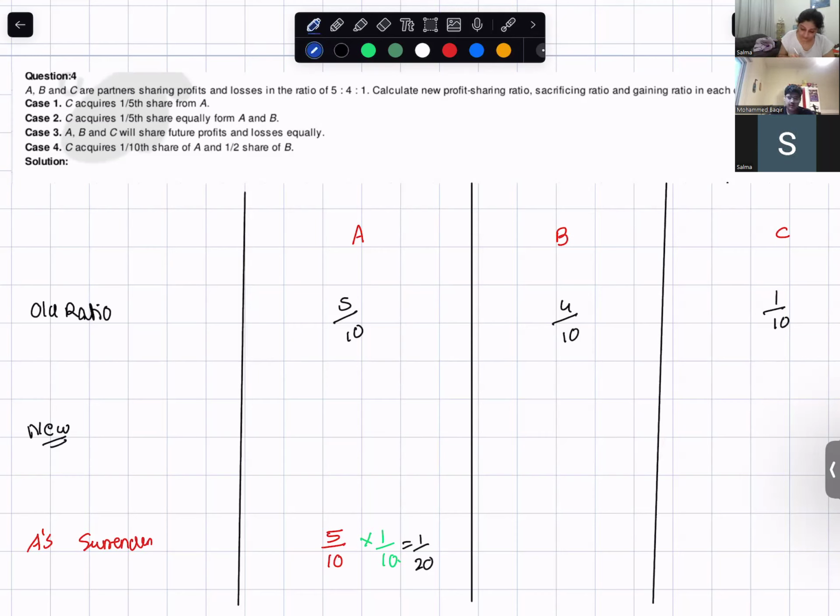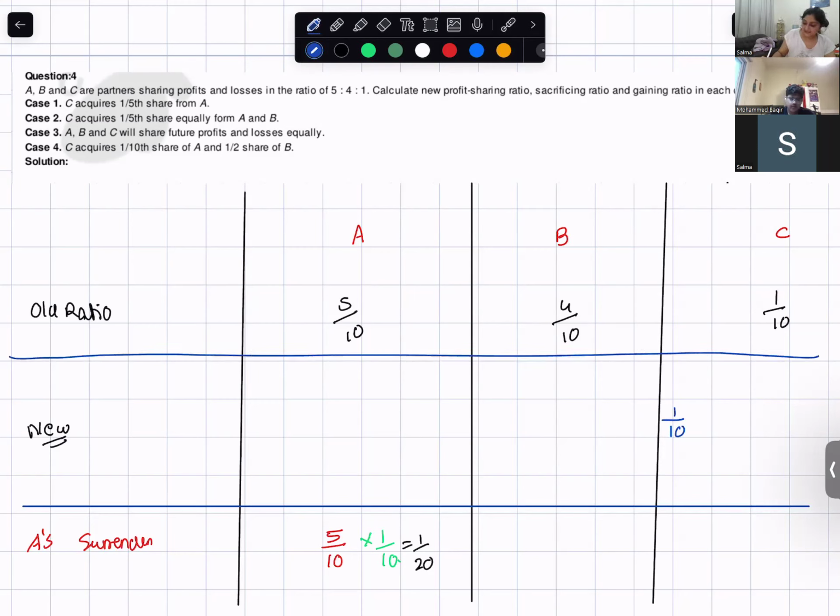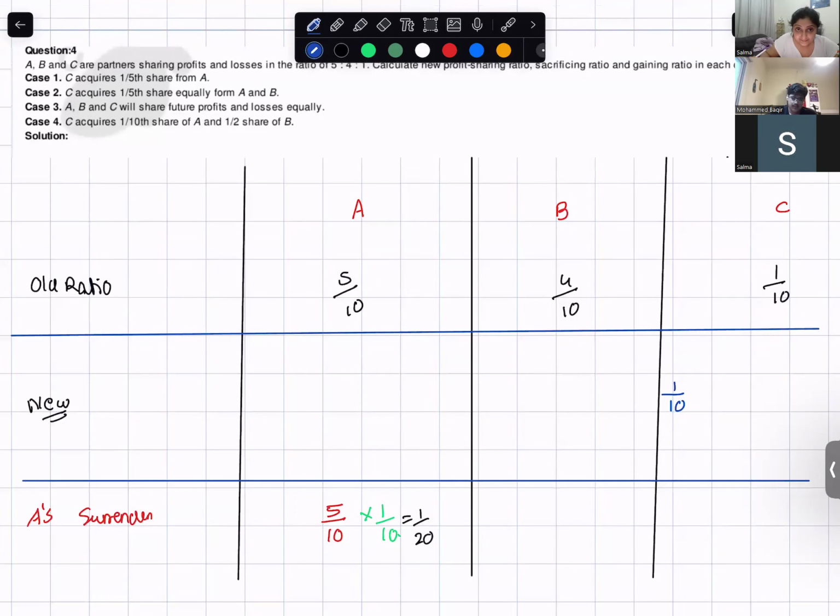He has his own part of 1/10. And from A, how much is he taking? Sorry, 1/20. So from A, C is going to take 1/20. Are you with me?